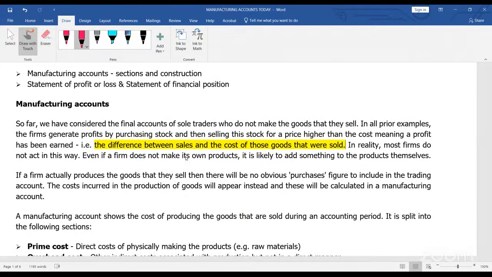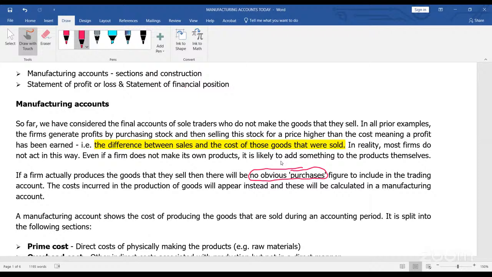If a firm actually produces the goods that it sells, then there will be no obvious purchases figure. This is something to note. There will be no obvious purchases figure to include in the trading account.